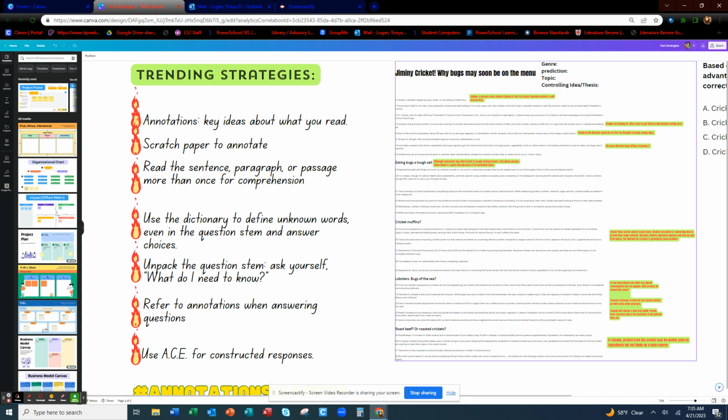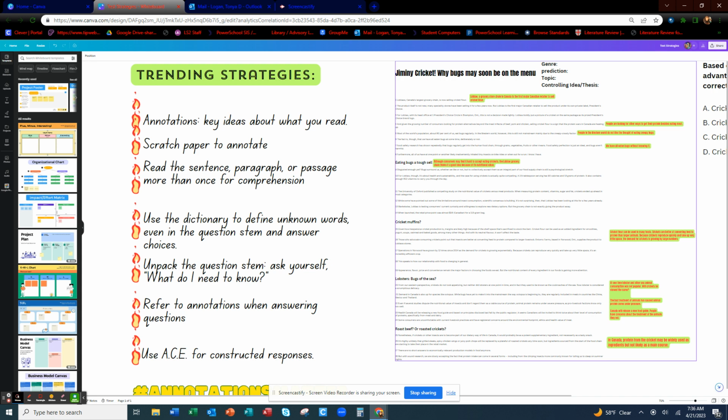Use that scratch paper to annotate. If for some crazy chance you do not get scratch paper, just raise your hand and let your test administrator know that you need scratch paper so that you can annotate.